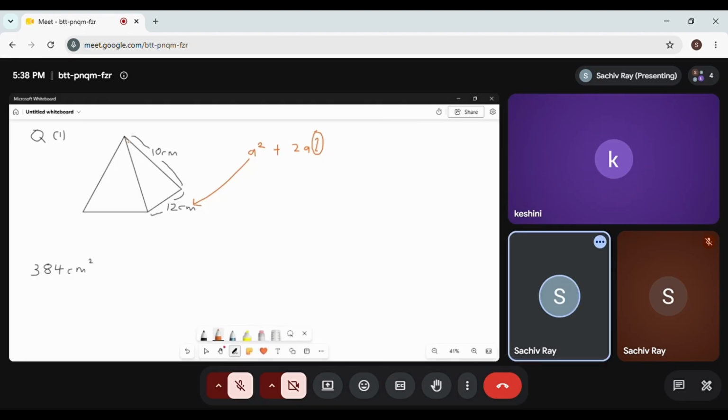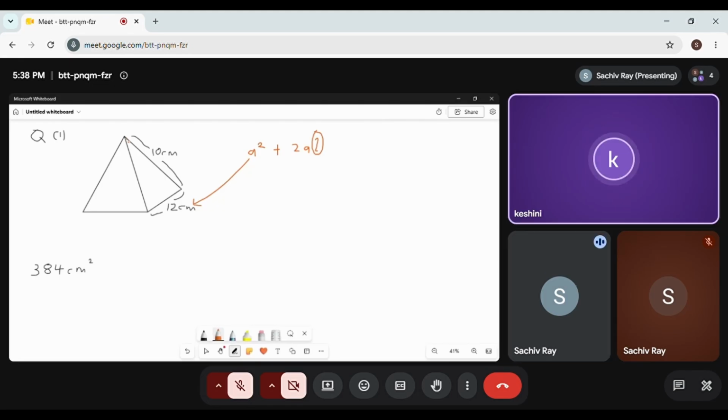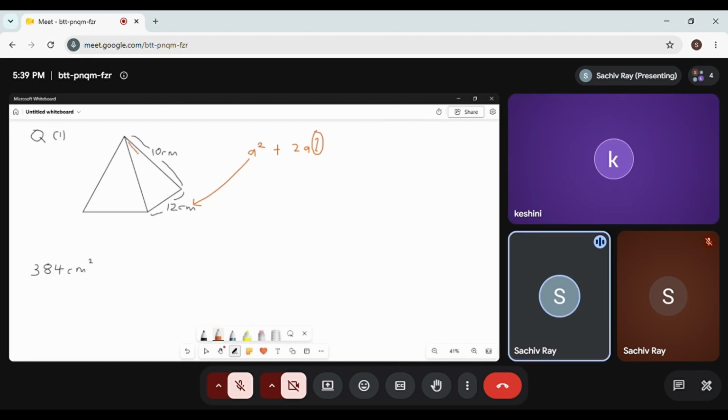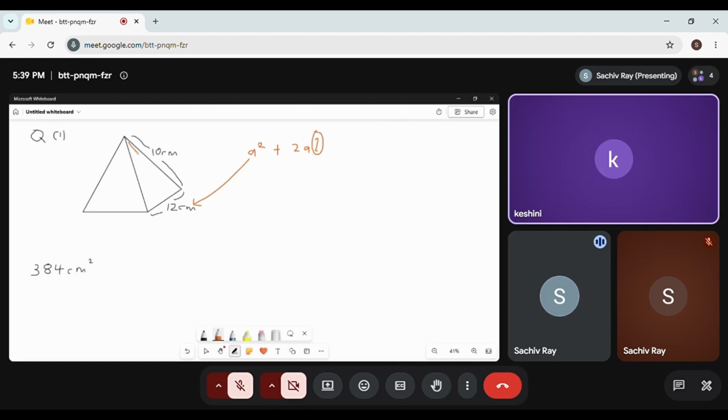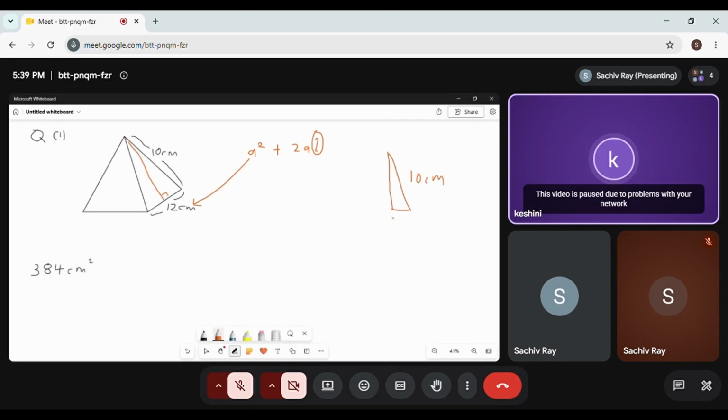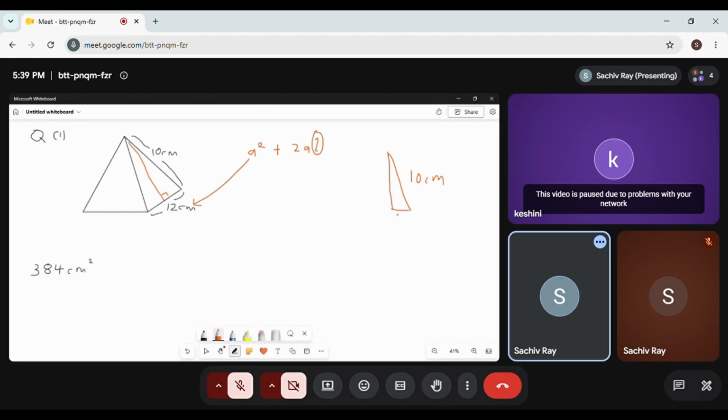To find that, we can simply use the Pythagoras theorem. We can draw a right angle triangle like this. This would be 10 centimeters. And then this would be how long? 12 divided by 2, 6 centimeters.